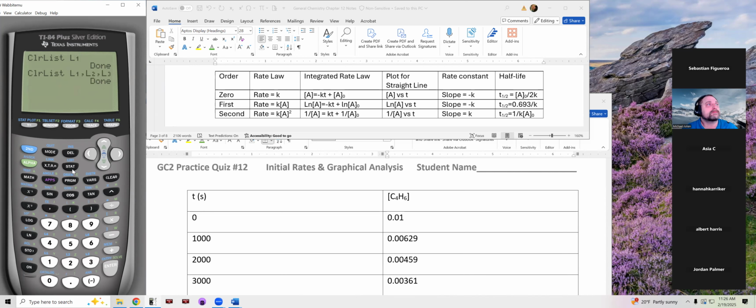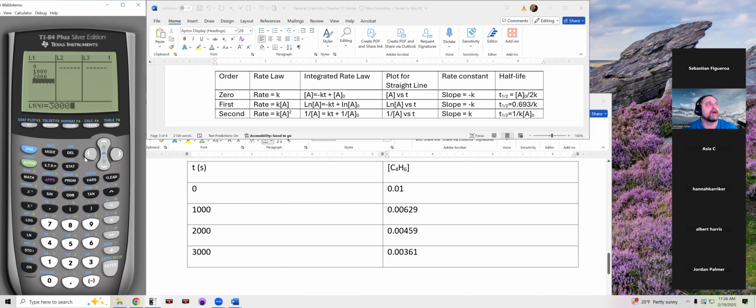Okay, so going back to my stat, I'm going to edit these and add these values. This is my T: 0, 1,000, 2,000, 3,000. You'll notice it says L1 and value 4, and that tells me which value we're on.